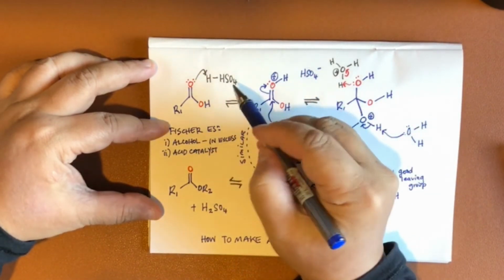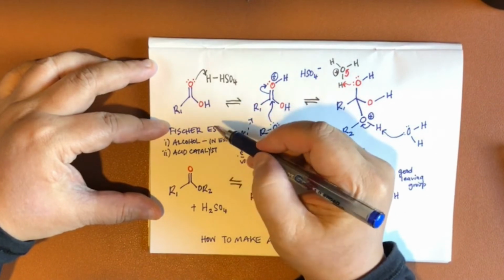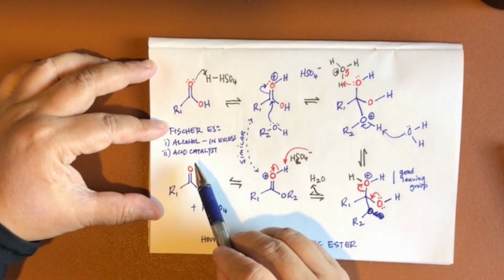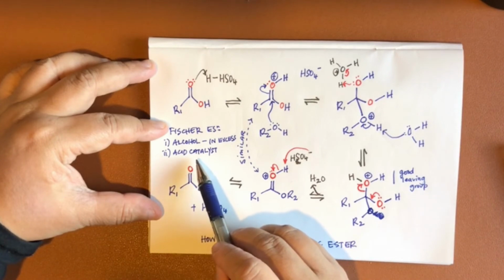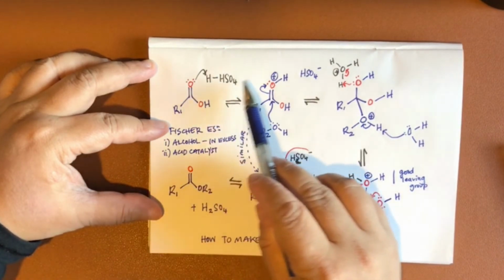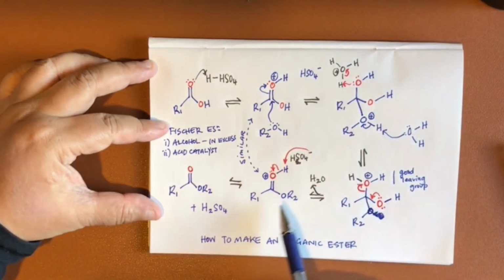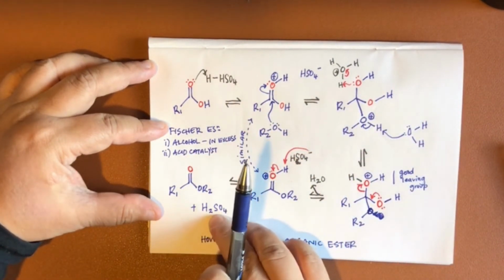Normally we have sulfuric acid or tosic acid, and as you remember, one of the main features of a catalyst is that it gets regenerated at the end of the reaction.